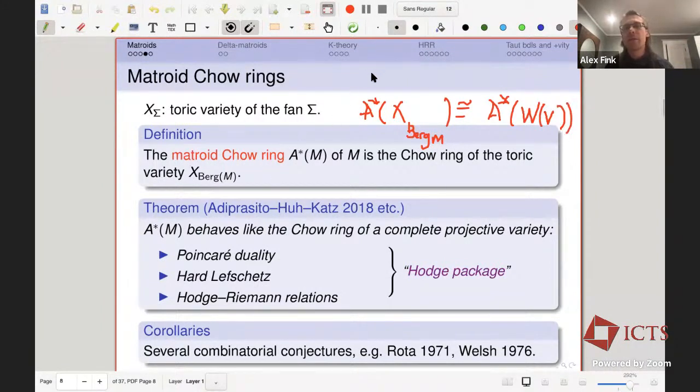So if V represents M, then there exists a projective variety which has the same Chow ring, and that explains the theorem. But if M does not have a vector space that represents it, then there doesn't exist a projective variety. Nonetheless, the ring has the properties that it would if there did exist a projective variety. So that's the magic part.